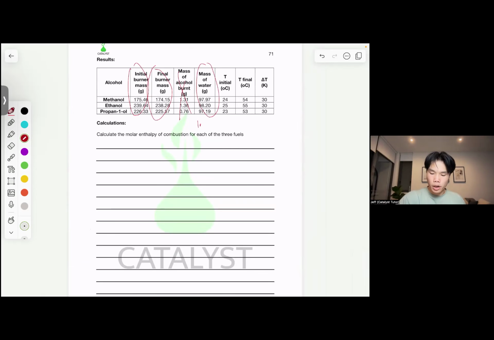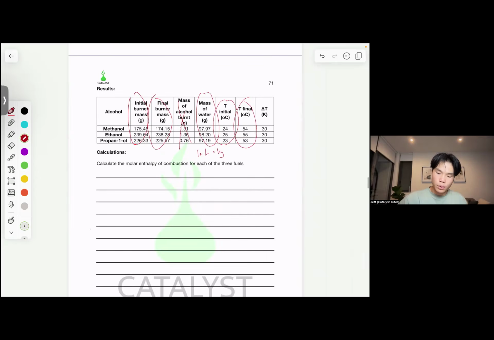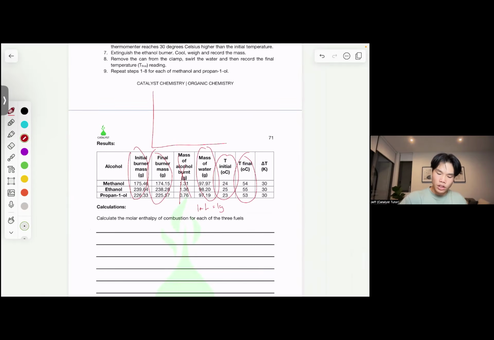It's important to remember that 1 mL of water is equal to 1 gram. You have delta T from the initial to the final. Often they give you a graph of temperature change, which looks something like this. Say this is 50, this is 40, and say you didn't start at 0, say this is 20 at the bottom of the graph, and this is like 45.